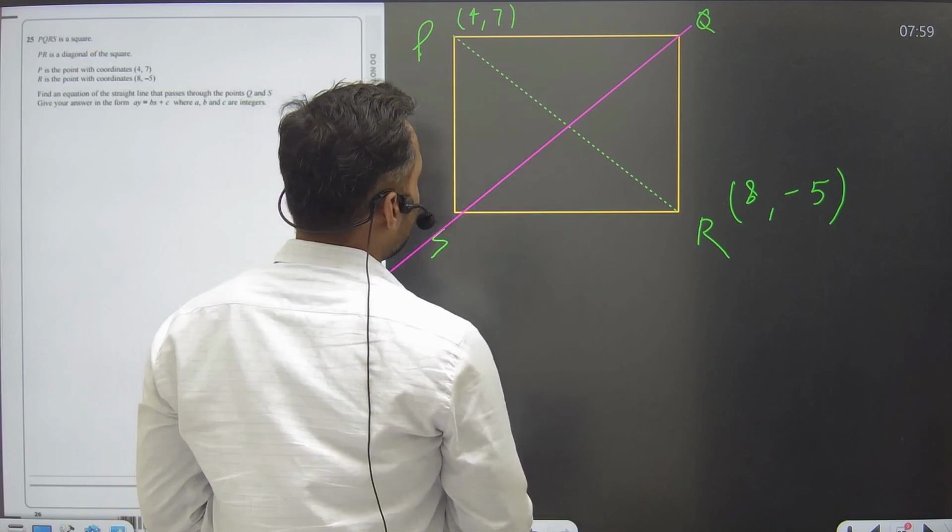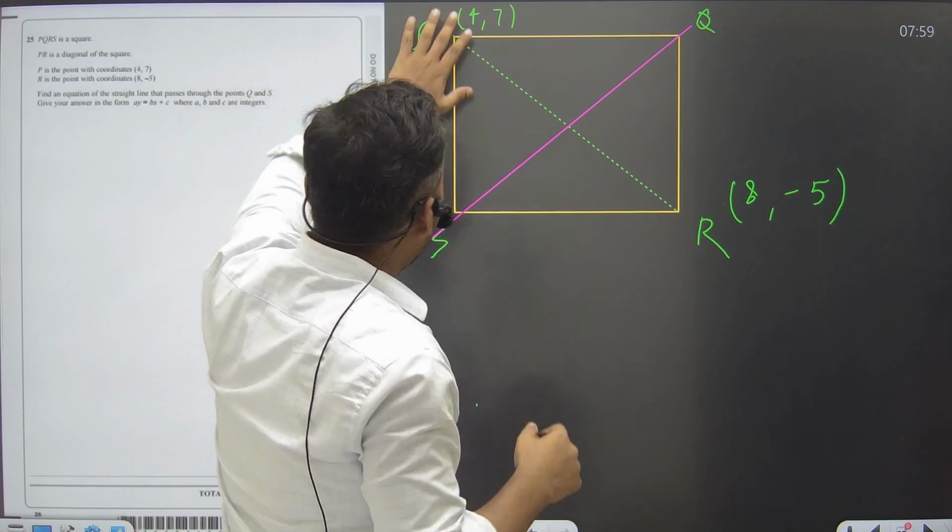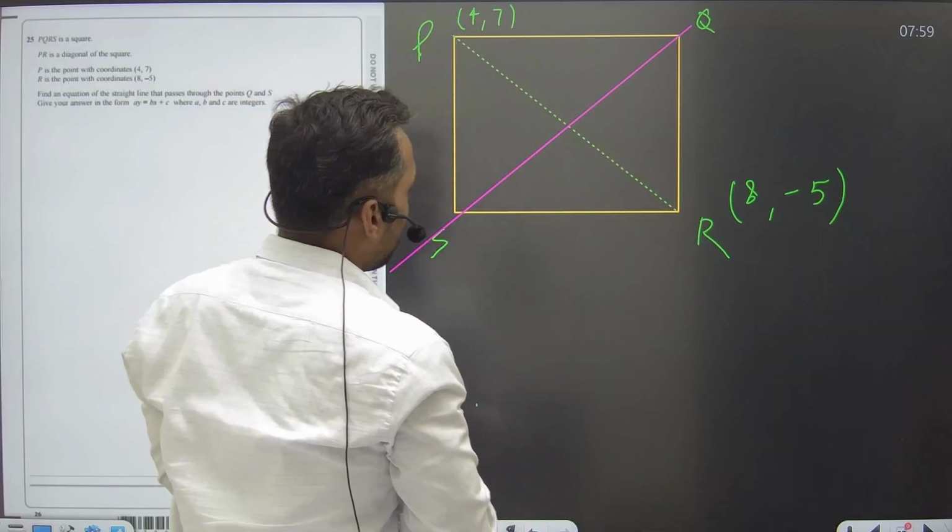Now, the coordinates of P and R are given here.